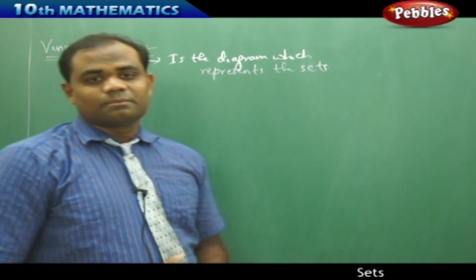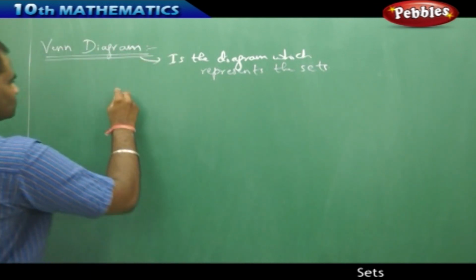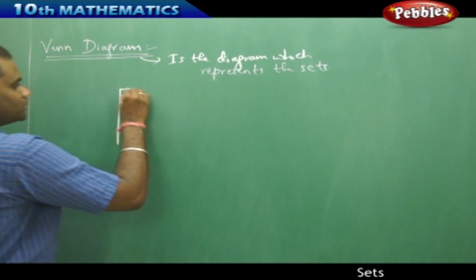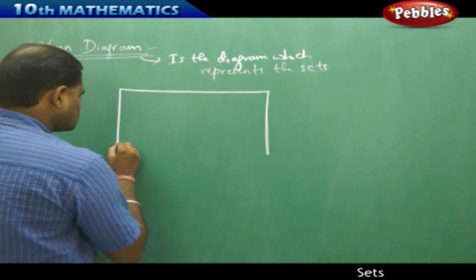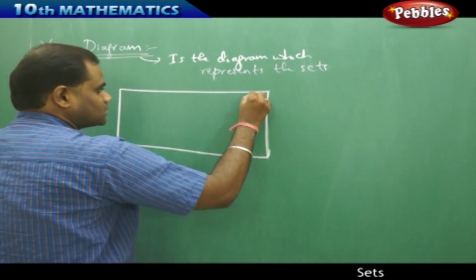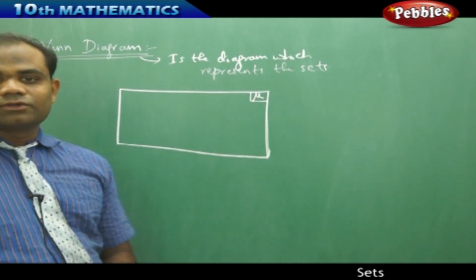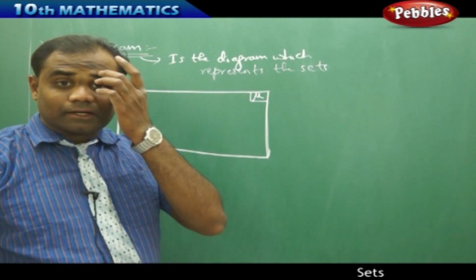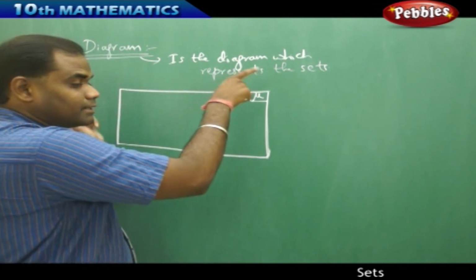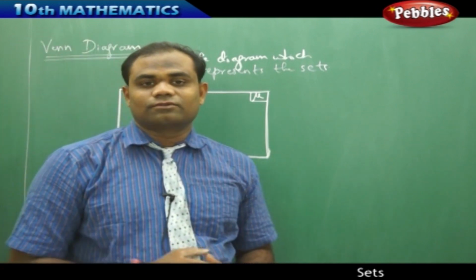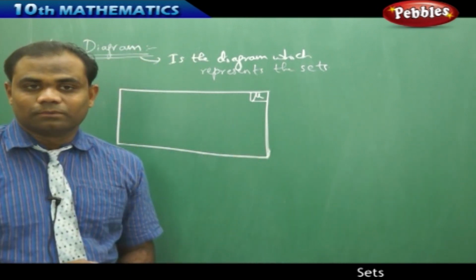As we already discussed in the previous session, the universal set is usually denoted with a rectangle. So we always have a rectangle drawn first in the Venn diagrams because a rectangle stands for the universal set, and every Venn diagram starts with the universal set, that is a rectangle in its diagrammatic form and denoted by mu.